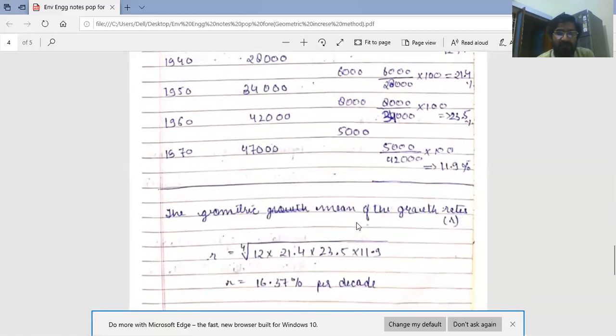The geometric mean of the growth rate R is equal to the fourth root of 12 percentage into 21.4 percentage into 23.5 percentage into 11.9 percentage. So R is equal to 16.37 percentage per decade.